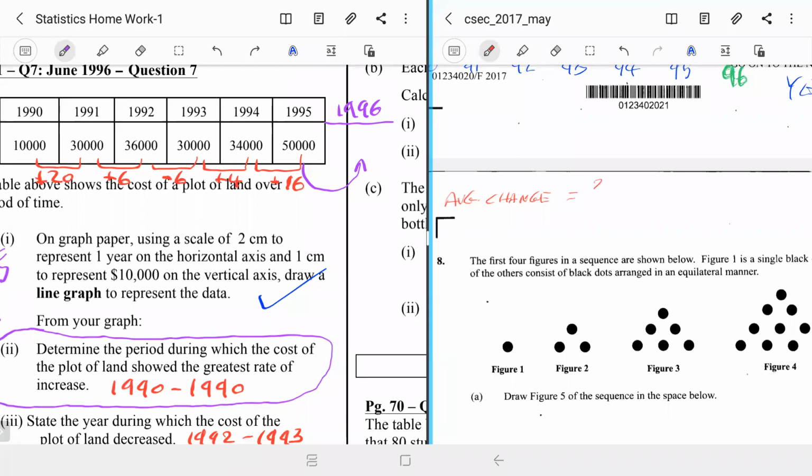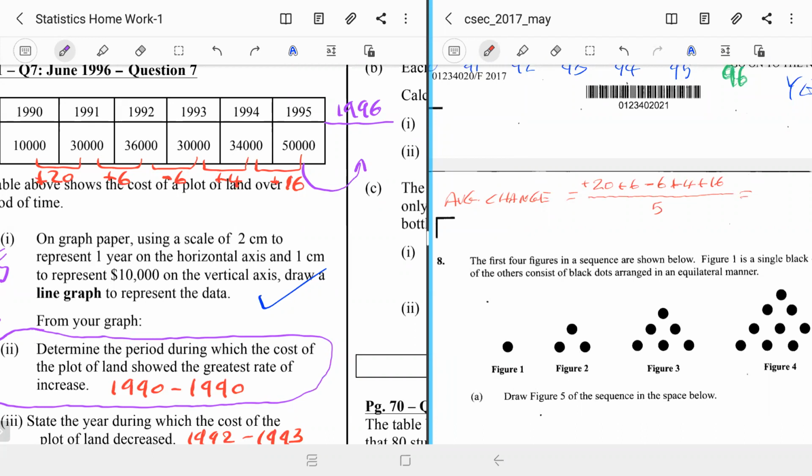So you have a plus 20, you have a plus 6, you have a negative 6, you have a plus 4, and you have a plus 16. There are 5 changes. I am averaging those changes, divided by 5. So you work that out and you divide by 5. What is the average change?